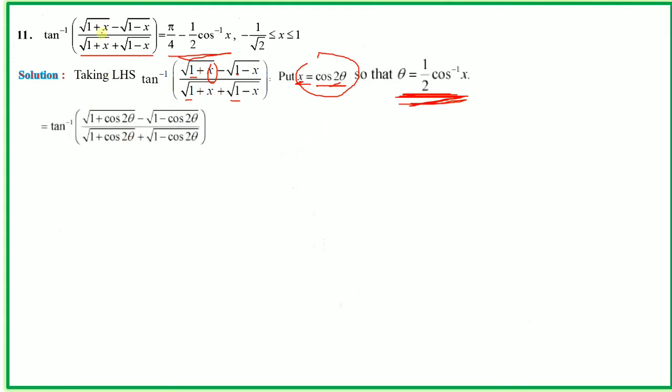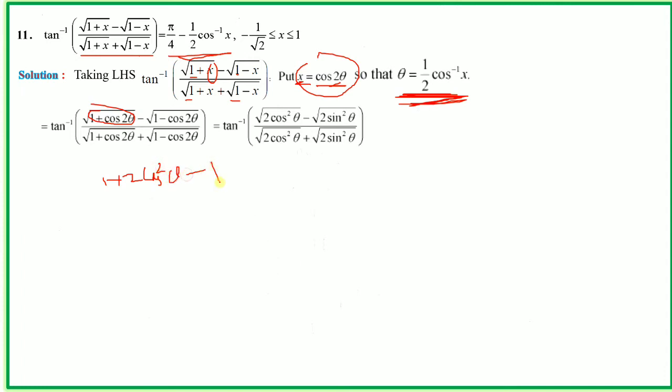Now tan inverse of (square root of 1 plus cos 2 theta minus square root of 1 minus cos 2 theta) upon (square root of 1 plus cos 2 theta plus square root of 1 minus cos 2 theta). Now I explain this step: 1 plus 2 cos square theta minus 1.